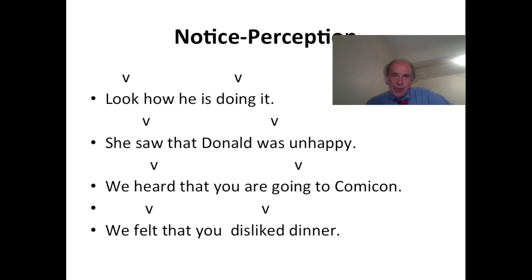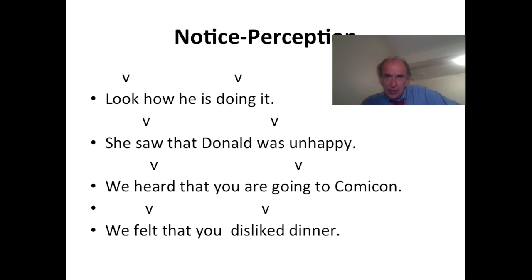Finally, there's a third content category that is represented in complementation syntax, and that's notice perception. Notice perception is noticing something visually or using other senses like hearing, perceiving, sensing, and stuff like that.